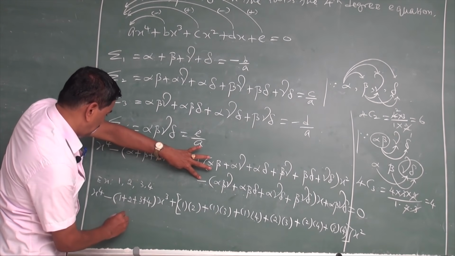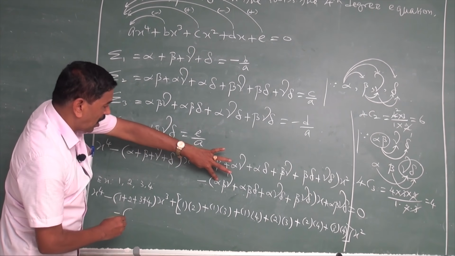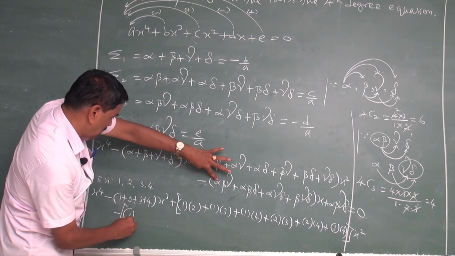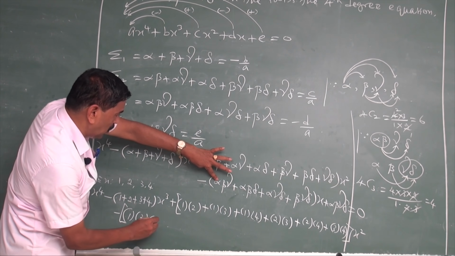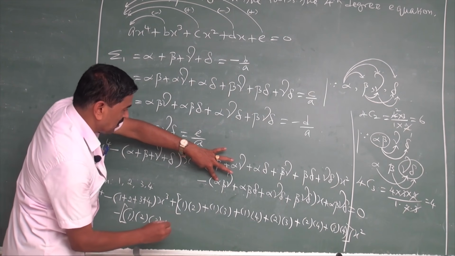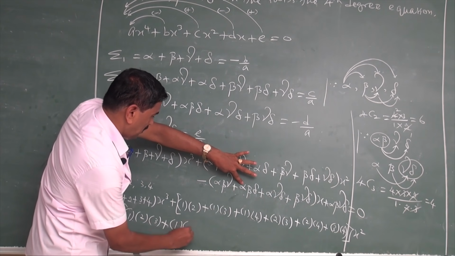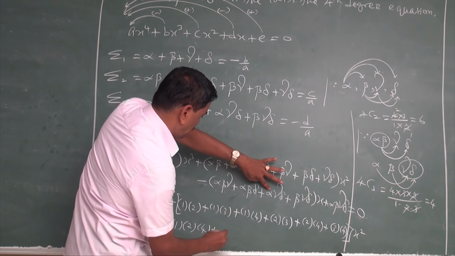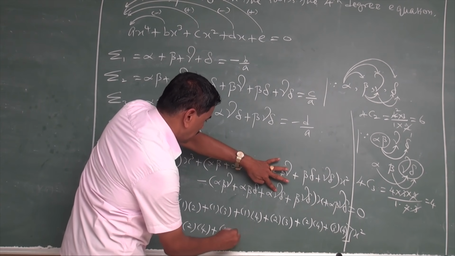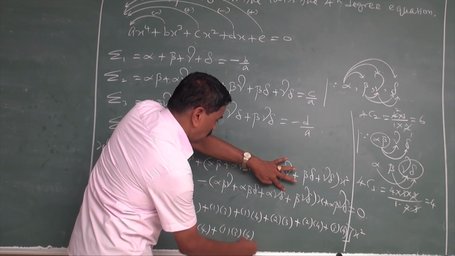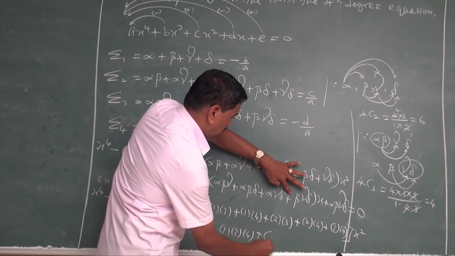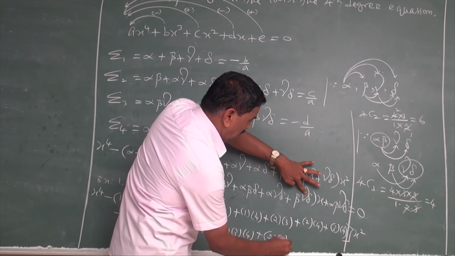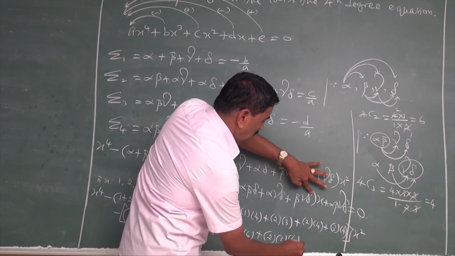Next minus the sum of the products taken 3 at a time: alpha beta gamma, 1 into 2 into 3, plus alpha beta delta, 1 into 2 into 4, plus alpha gamma delta, 1 into 3 into 4, plus beta gamma delta, 2 into 3 into 4, into x.